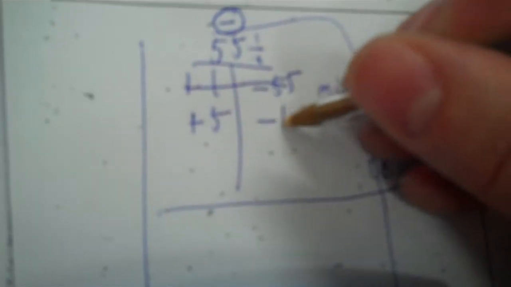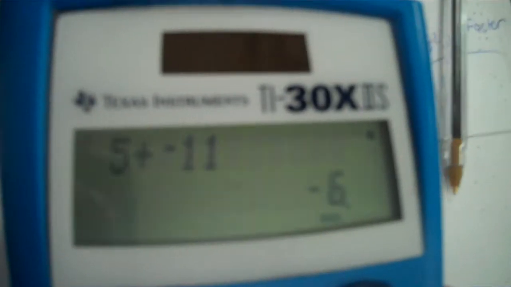See, I'm just skipping it. 5, 11. So put the number you divided by in the result. Now add those. 5 plus negative 11. Okay, we got negative 6, but we got to make it positive 6. If it's the wrong sign, you just go plus here, negative here. Now negative 5 plus 11 is 6.